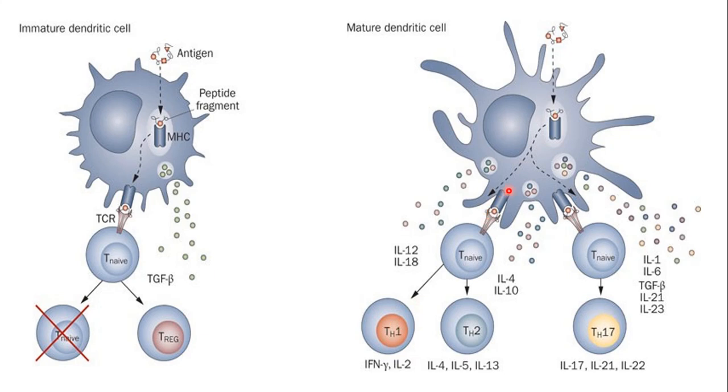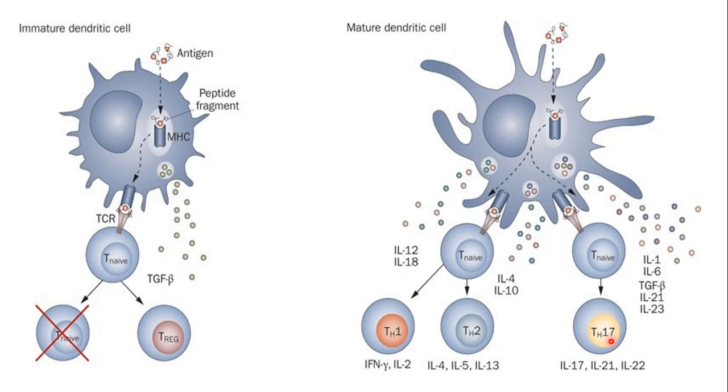The antigen presenting cells produce certain cytokines such as IL-12, IL-8, which will help in this process. Sometimes the antigen presenting cells could also produce certain cytokines like IL-6, IL-1, and transforming growth factor beta, which will then cause the CD4 T cell to differentiate into the T helper 17 subset.